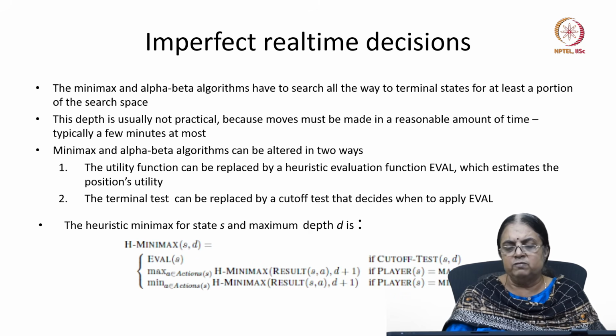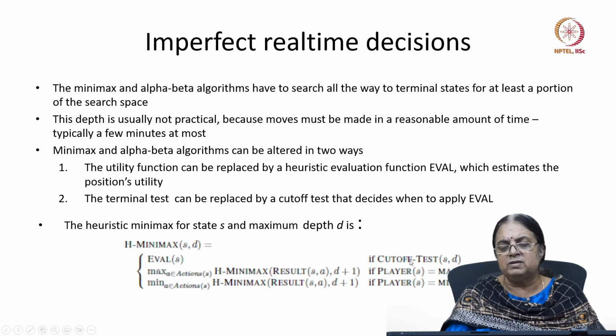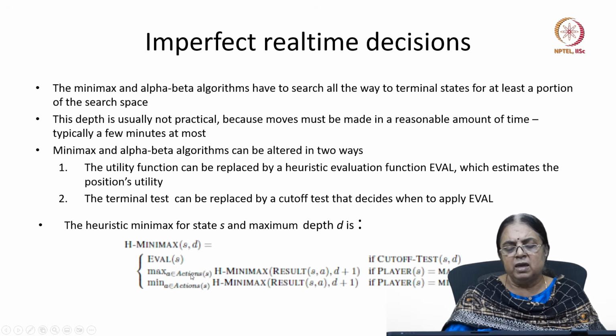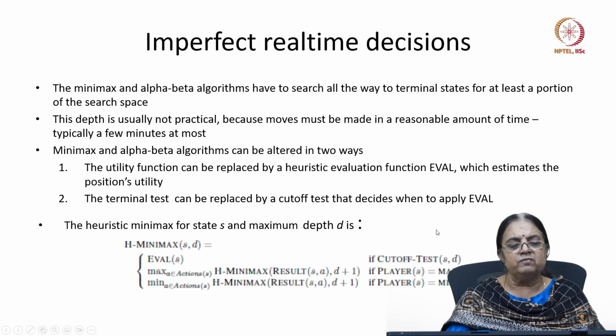One way is to decide up to what depth you're going. Any nodes which come after that depth, the cutoff test will give as true. So that is the cutoff test.